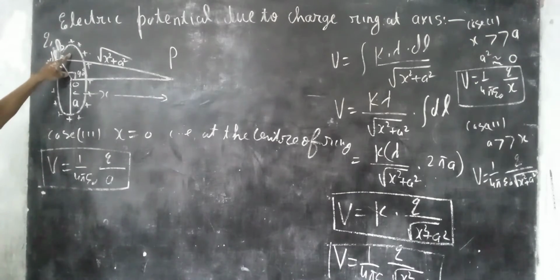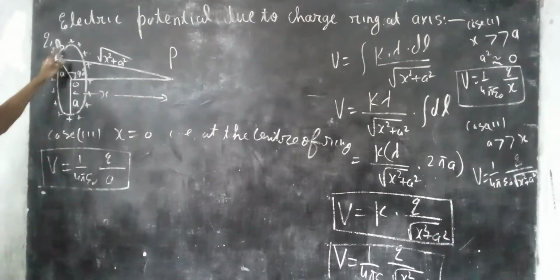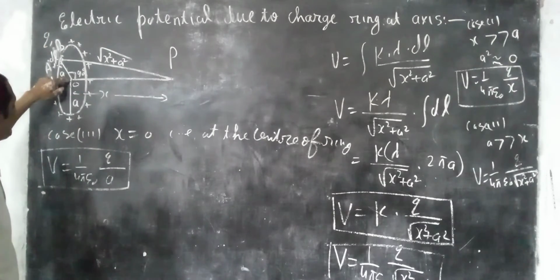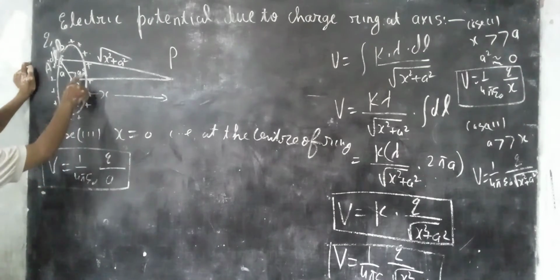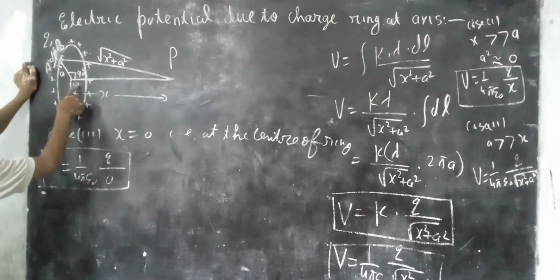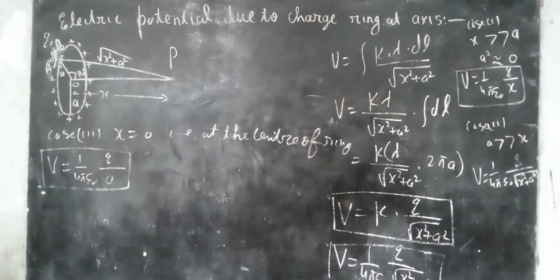The charge q which is on the circumference can be considered to be located at the center, and the potential at the ring is equal to the potential due to a point charge located at the center, at a distance equal to the radius of the ring. Now we find the electric field due to the charge.